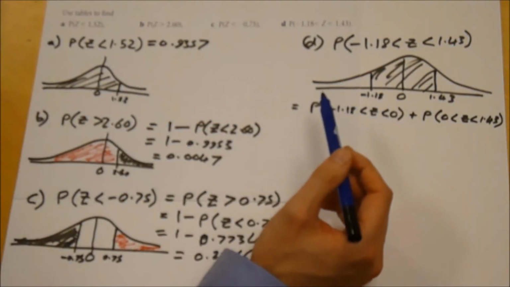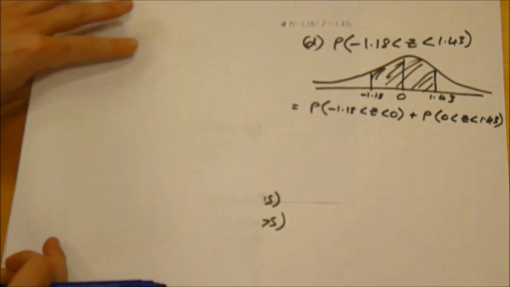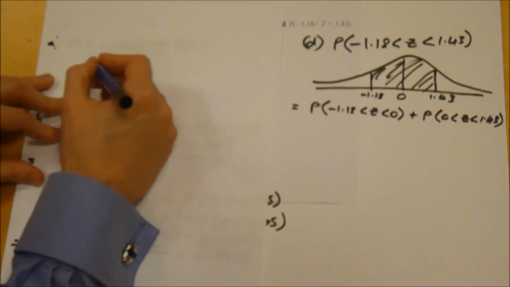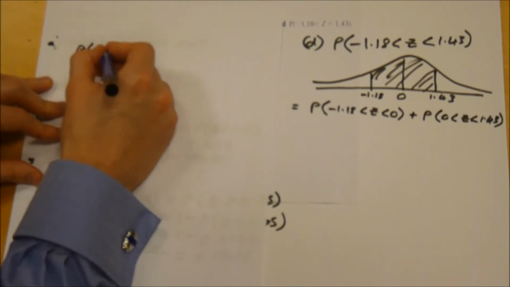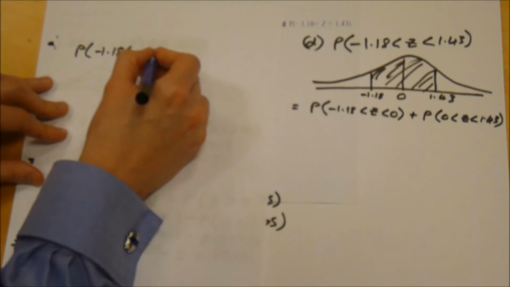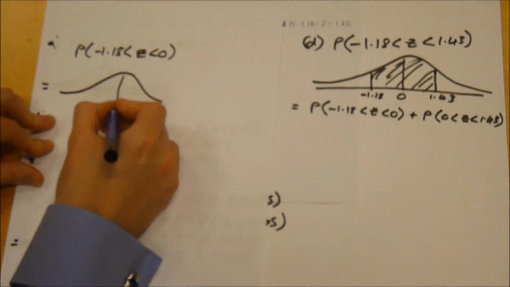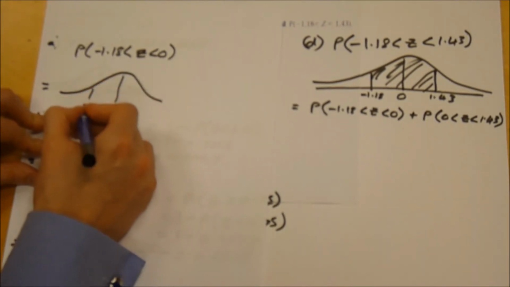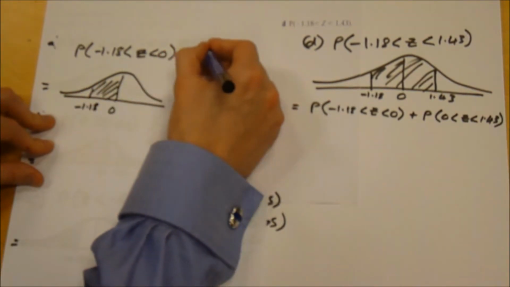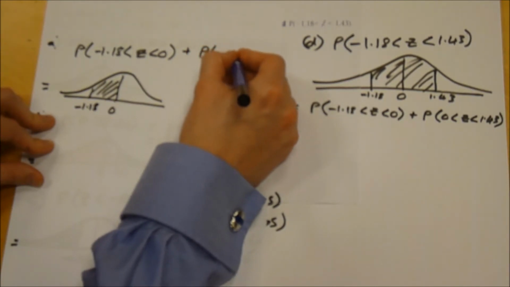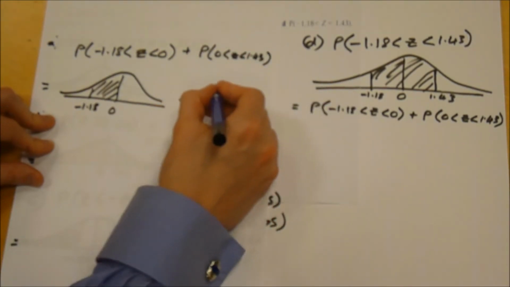So I might even do a little sketch of that situation myself. So if I was to bring this in here, I split that up, I've got the probability that Z is between minus 1.18 and 0. So as a sketch that would look like this part here, plus the probability of Z being between 0 and 1.43. So do that as a sketch.